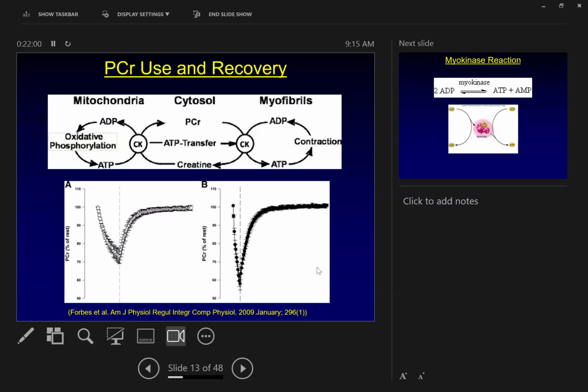This is 100% creatine phosphate stores in a muscle. You exercise and you deplete them, and then you rest, and you can watch the time course of their resynthesis over time here. Okay? These are data from something called magnetic resonance spectroscopy. You put a person in an MRI machine, and you can track the phosphates.